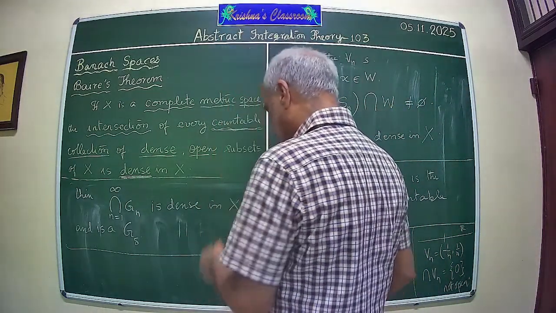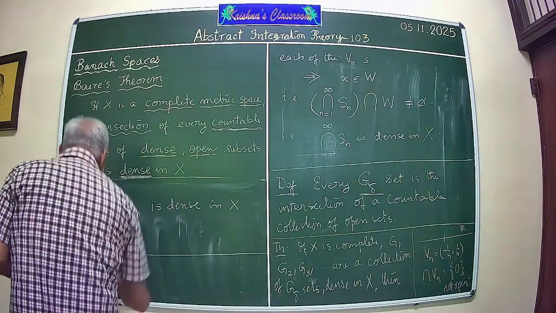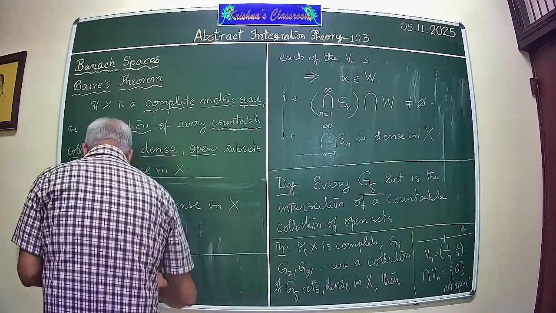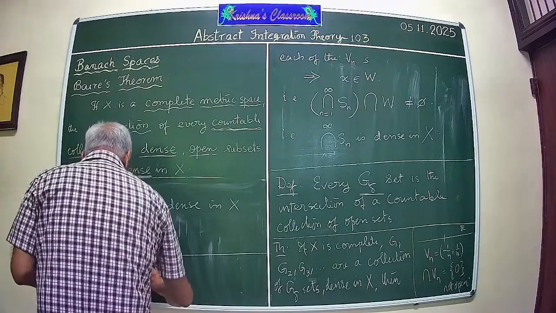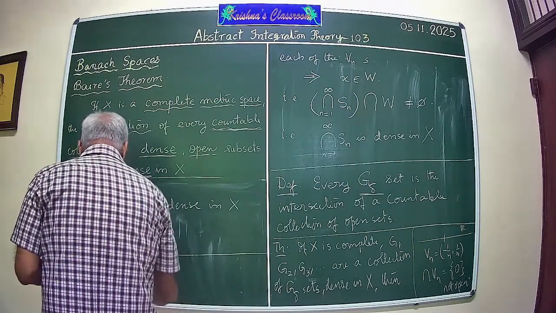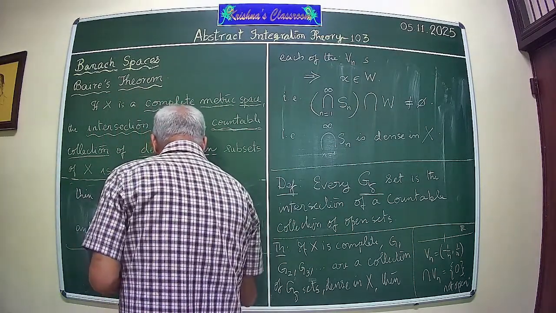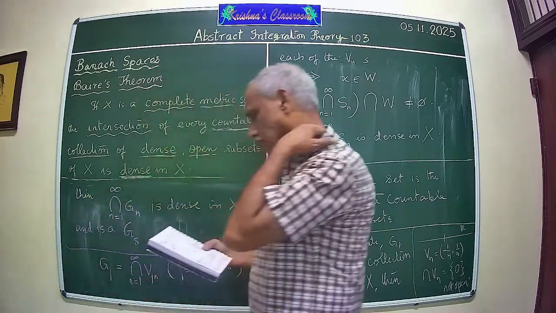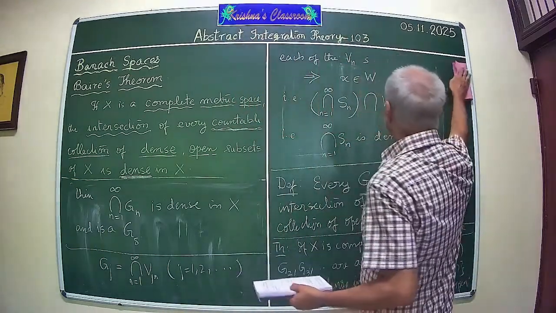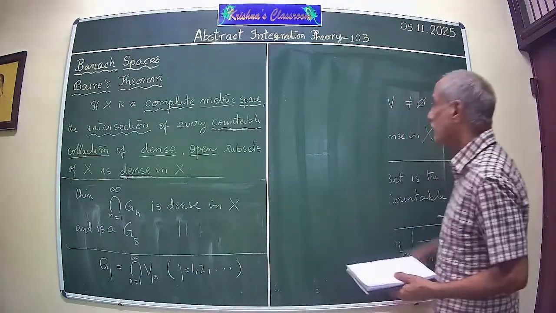So what we have is that you can take Gj as the intersection of Vjn, n equal to 1 to infinity, and this is for each j. Now you see your statement of the theorem says the following.